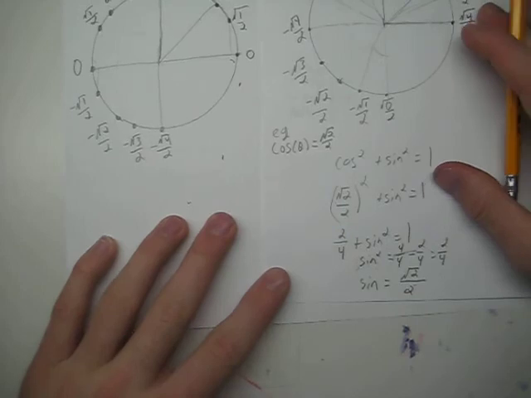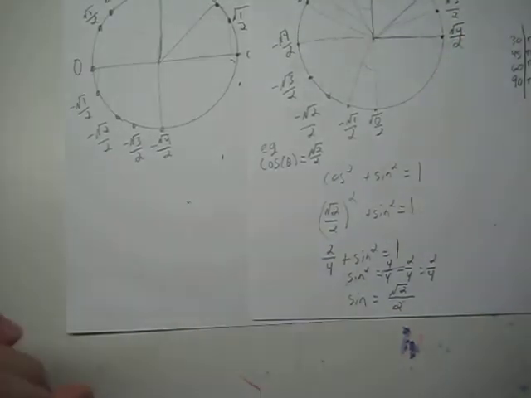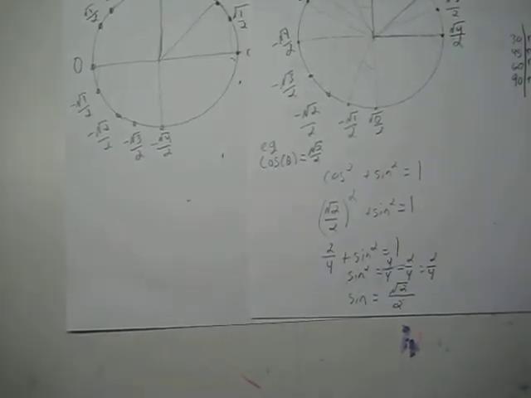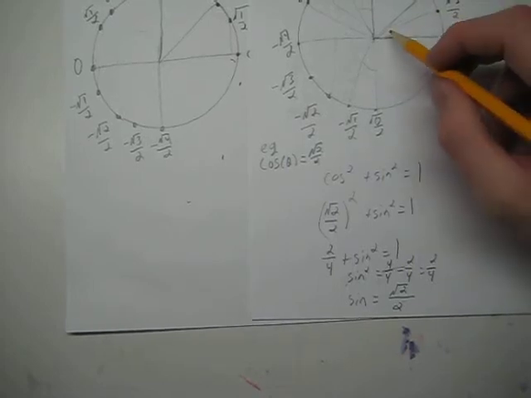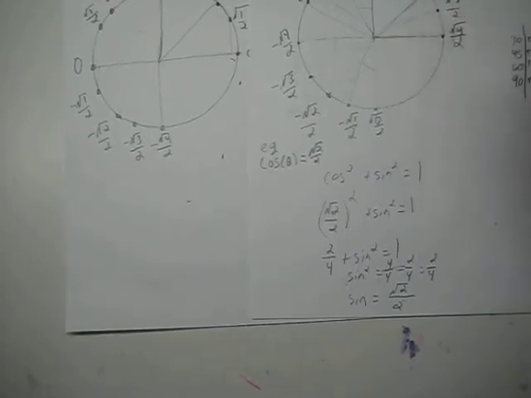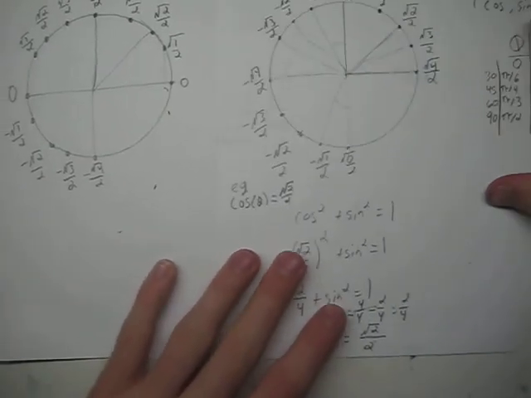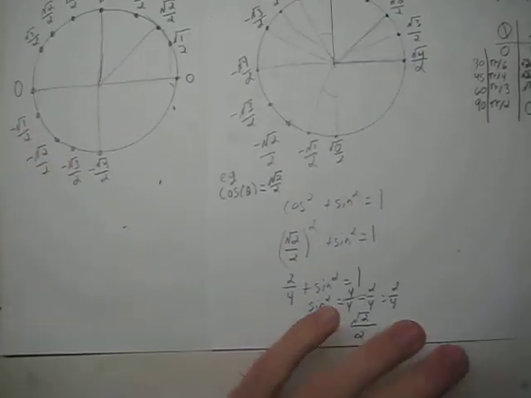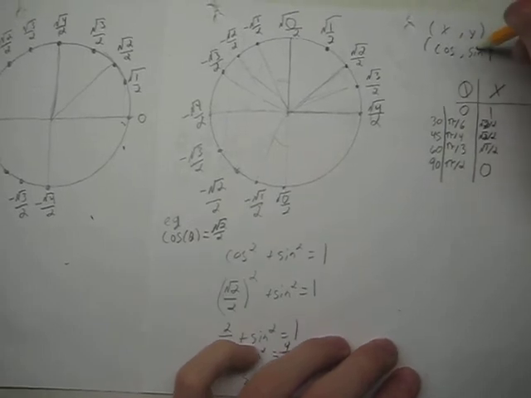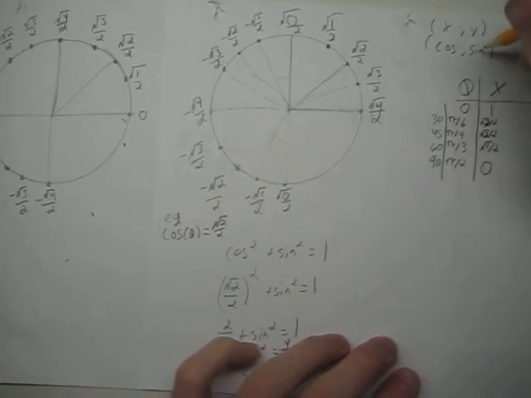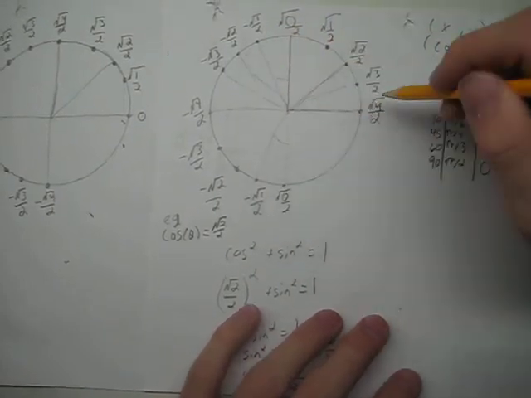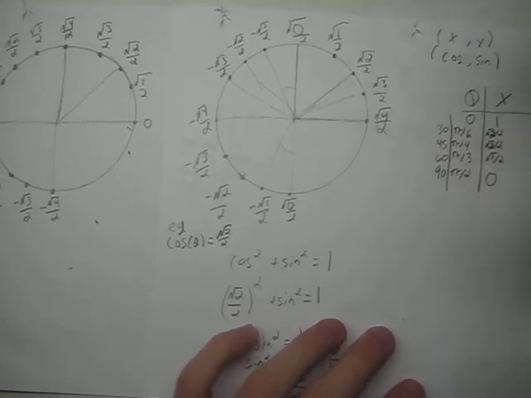And that makes sense because the legs are the same. It's 45 degrees. Now, the biggest thing you need to remember is it's x, y. If you can remember that, and you can remember the pattern, you'll be able to figure out any of them.